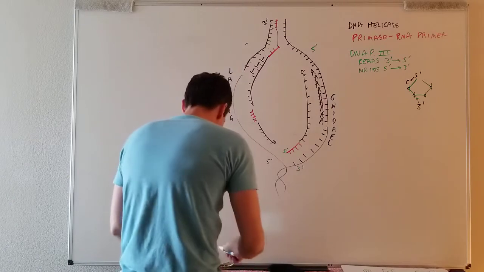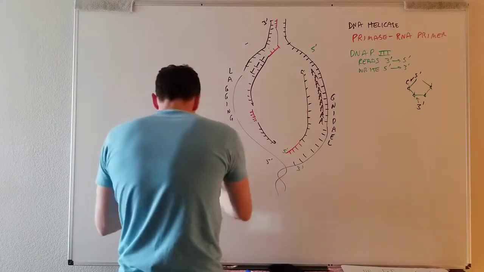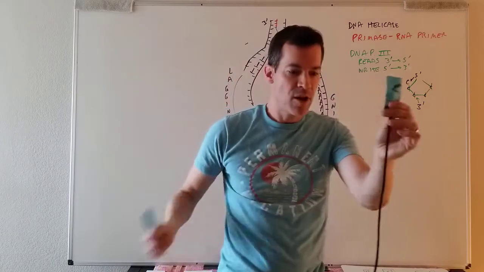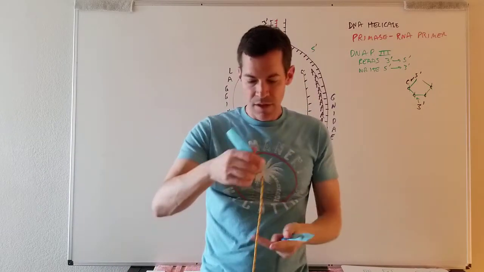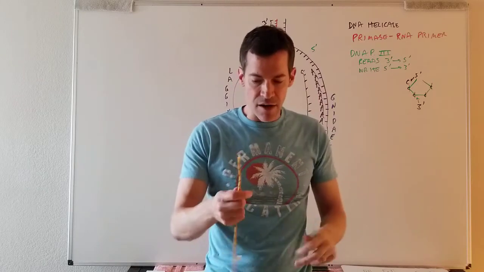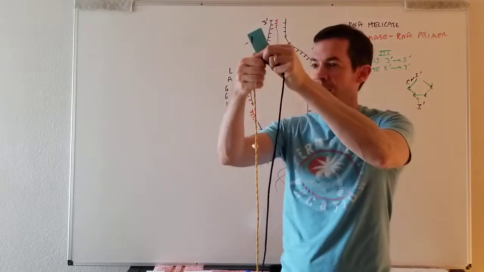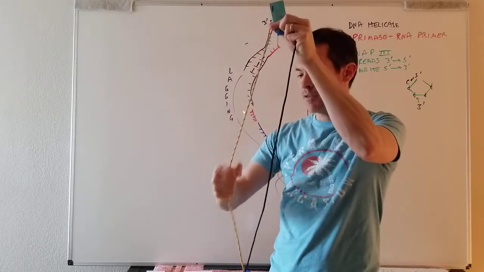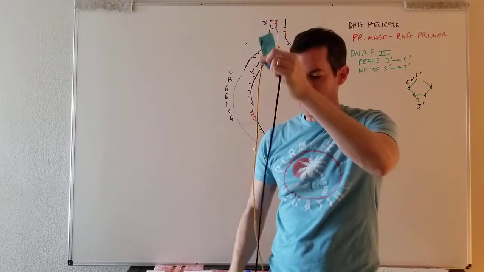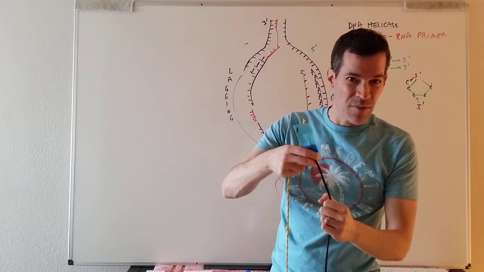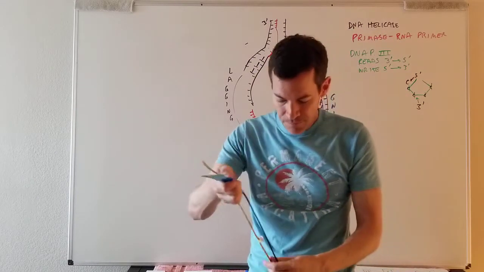But again, we still have this problem of here's my DNA, and I've got 5' here, I've got 3' here, and so somehow I have to have one of my DNA polymerases going down as the other is moving up, but my hands have to be connected. So how do I do that?